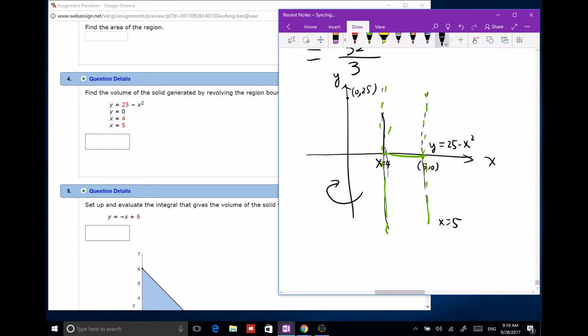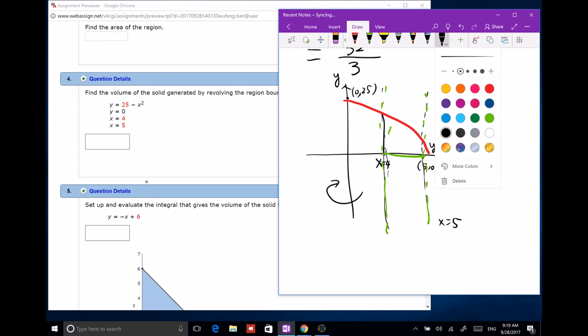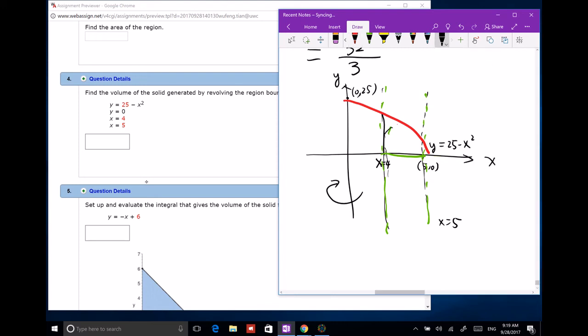Basically we're looking for the volume. We revolve this part with respect to the y-axis. So we can use the shell method.